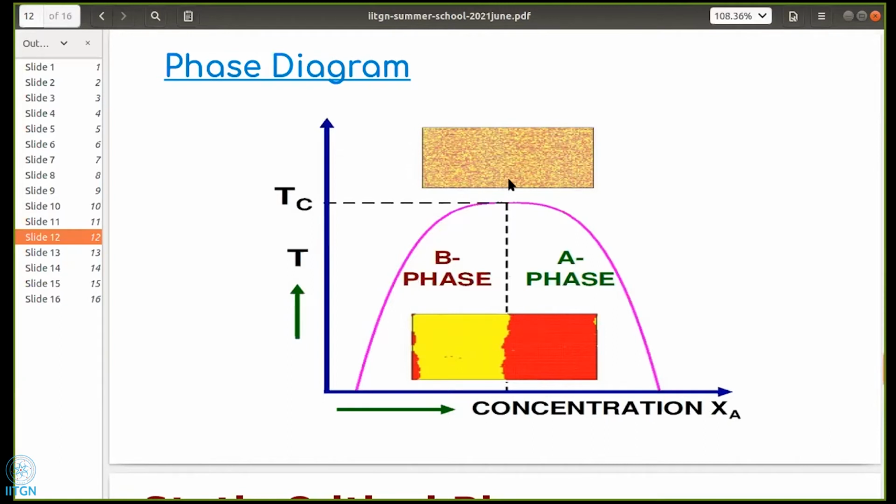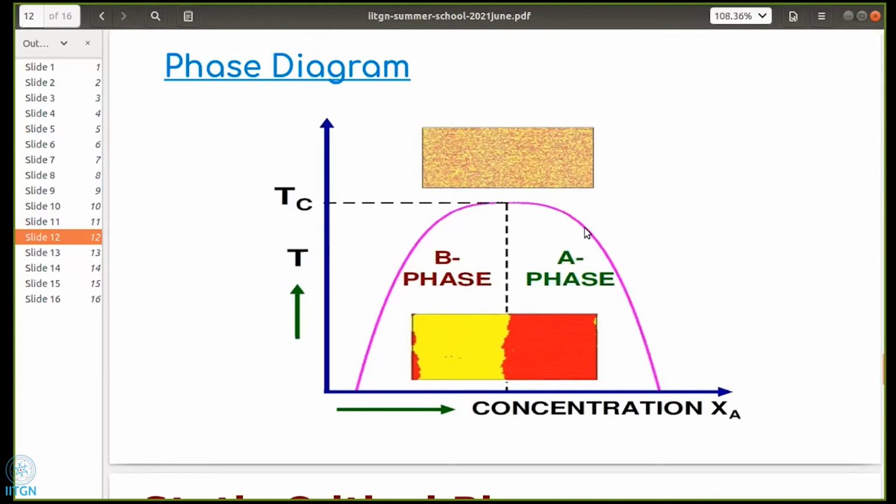Okay. Once you quench it below this critical temperature, the system then enters into the two-phase coexistence region, which means that you have this A and B type of phases, which are marked by the red and the yellow type of particles here. They can then coexist with each other. And you clearly see the domains of A and B type of particles separately. It's no longer homogeneously mixed, and you have the two different domains very distinct from each other, right?